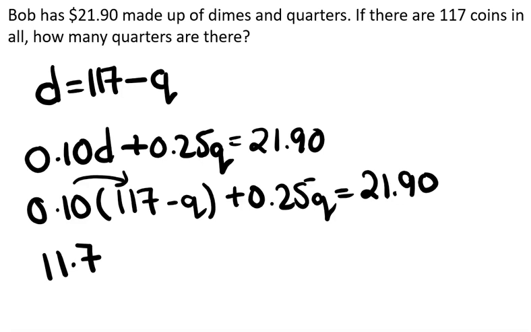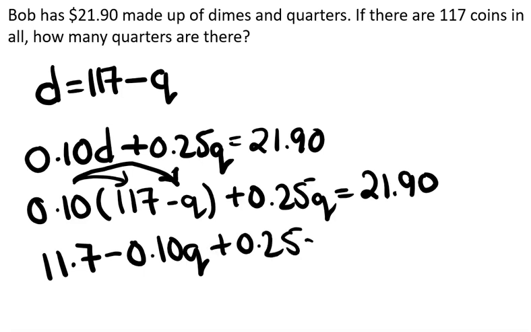Now we have 0.10 multiplied by negative Q, which will give us negative 0.10Q, plus 0.25Q is equal to 21.90. Here we can clearly see negative 0.10Q and positive 0.25Q are like terms, so let's add them together.